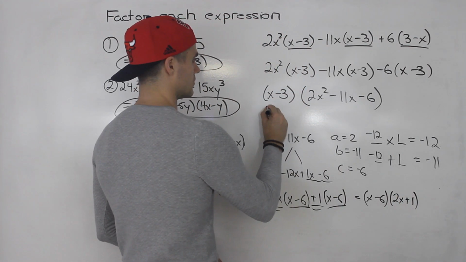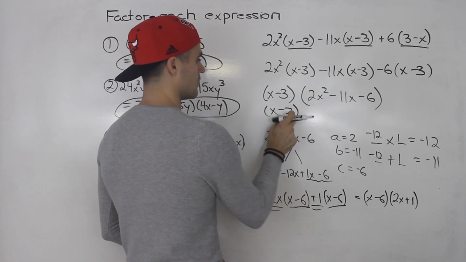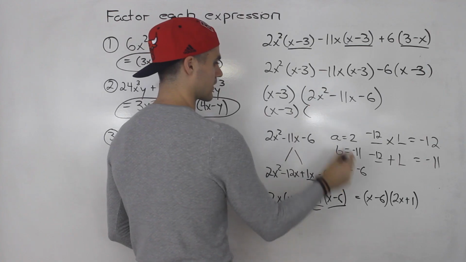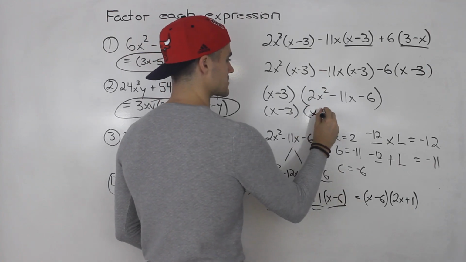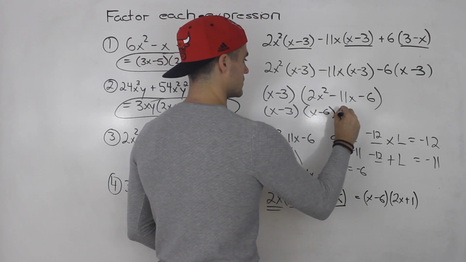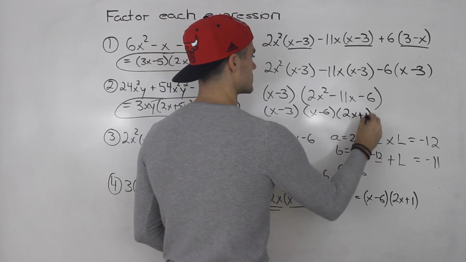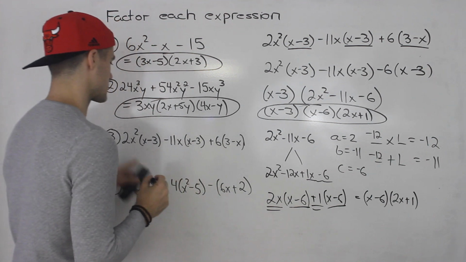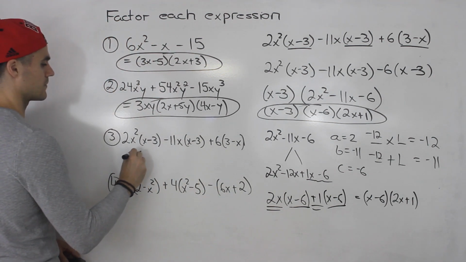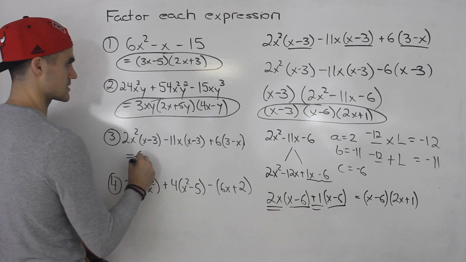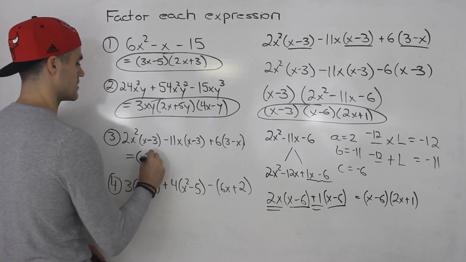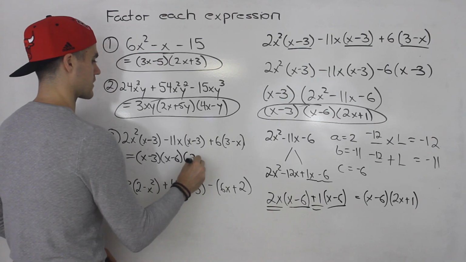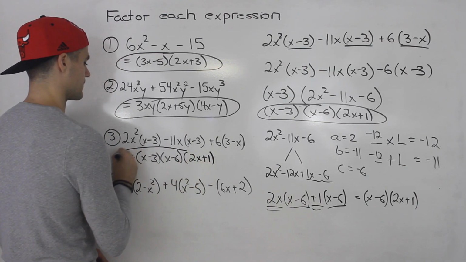So this x minus 3 is remaining, and then this bracket I factored into x minus 6, 2x plus 1. So that there is your final answer for number 3. So notice there's 3 brackets in this case. We got x minus 3, x minus 6, 2x plus 1.